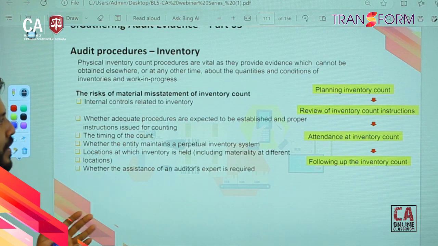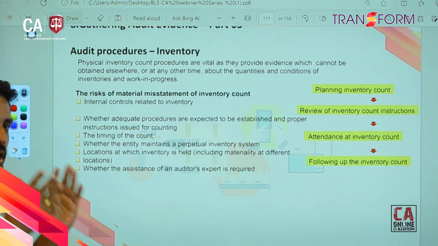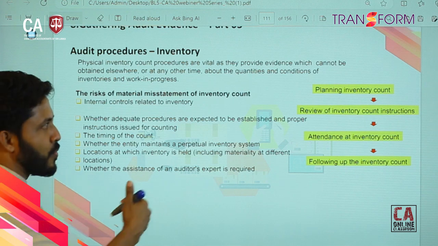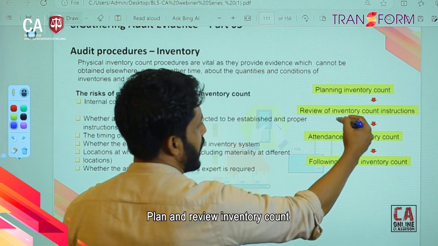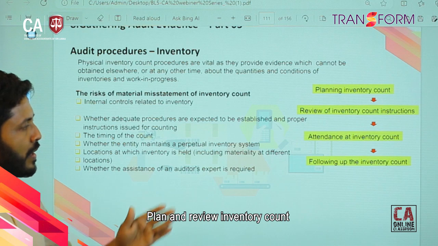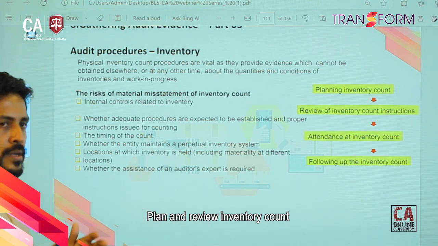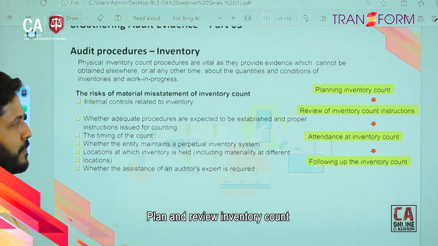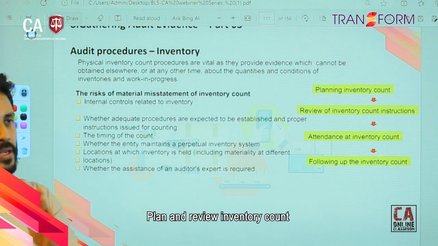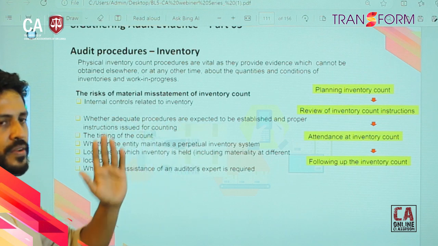Once you are planning inventory verification, you have to plan that according to the nature of the business. So we have to plan the inventory count, review inventory count instructions, attend the inventory count, and then follow up the inventory count, whatever the protocols, right? Whether you are planning the inventory count virtually or physically, you need to adhere to the inventory count plan.